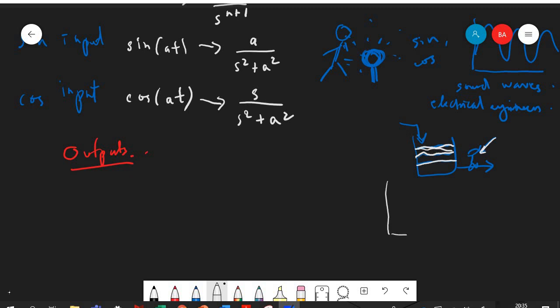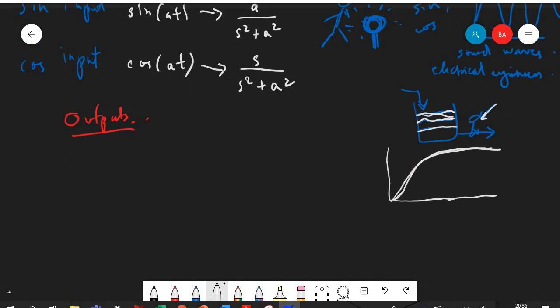Usually the output, as you have already seen in many places, looks something like that, for conversion or changing concentration, where it goes from one steady state value to a new steady state value. It looks like an exponential term, where it goes from an old value to a new value, on the positive side or negative side.